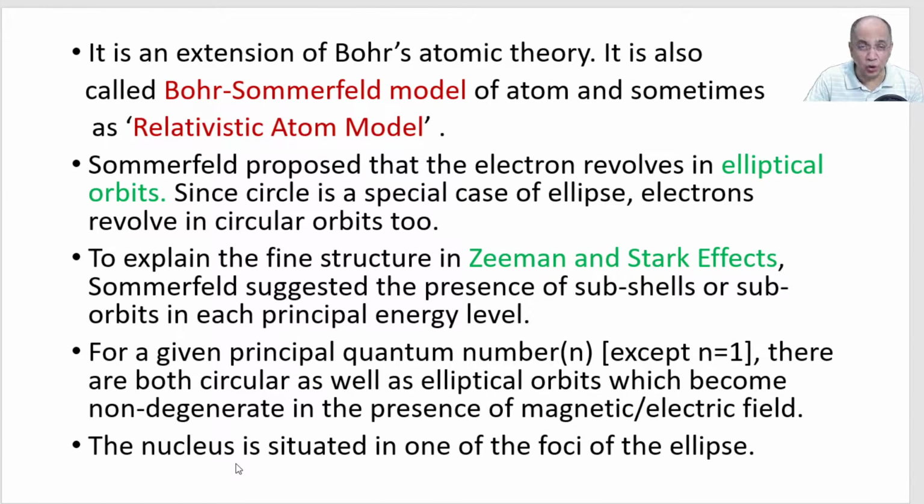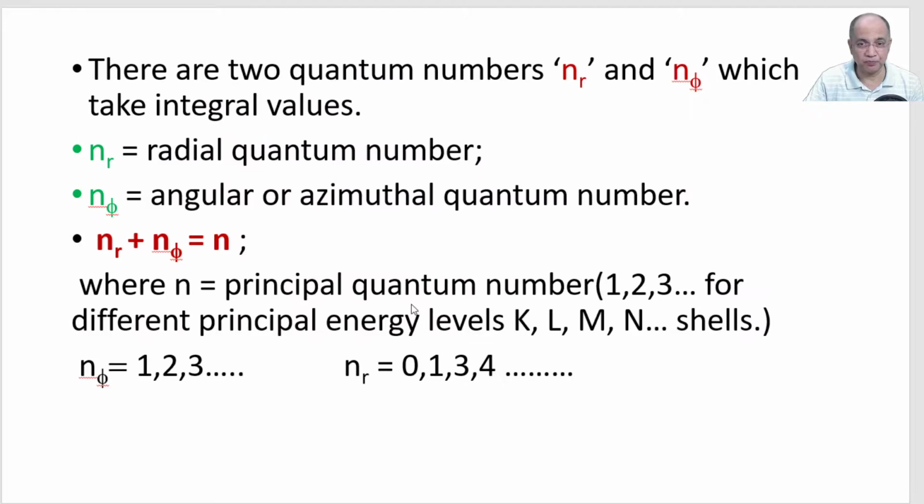As long as there is no external field, these subcells, sublevels are degenerate. That means they have same energy. But in presence of the magnetic field or electric field, they decompose into different sub-energy levels, varying in their energy values. Right?